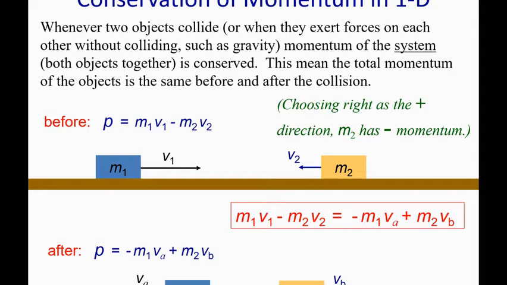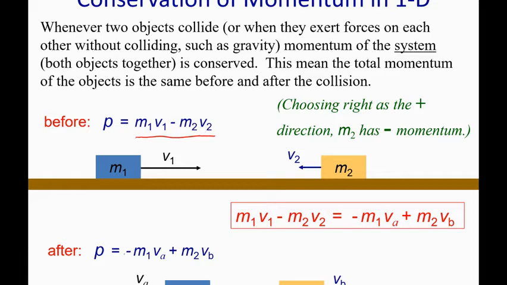So we have our momentum before is equal to m1v1 minus m2v2. The reason it's minus is because v2 is going the opposite direction. If they were going the same direction, then it would be plus. Now, in this case, when these two objects collide, they go opposite directions.